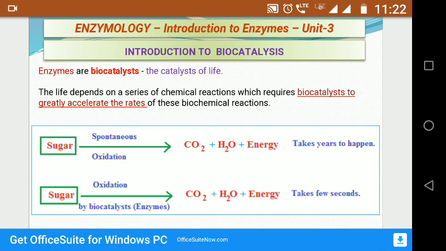Chemical reactions are very, very important, and wherever a chemical reaction takes place inside any living cell, it definitely requires the assistance of enzymes.